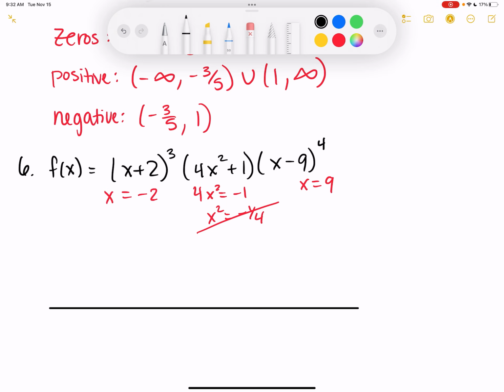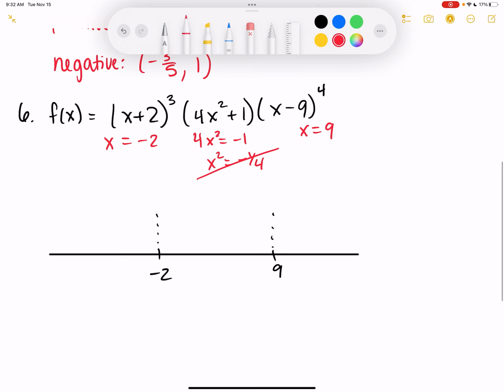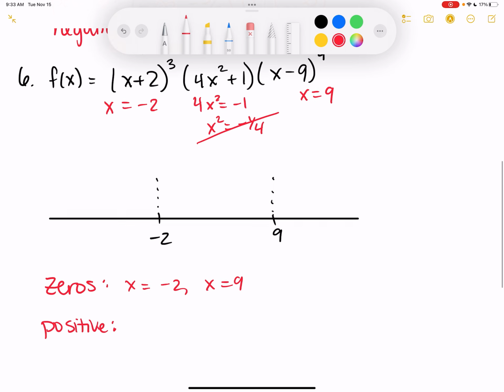So put my zeros on, negative 2, 9. I'm looking for the zeros, which I've already found, x equals negative 2 and x equals 9, and then where it's positive and where it's negative.